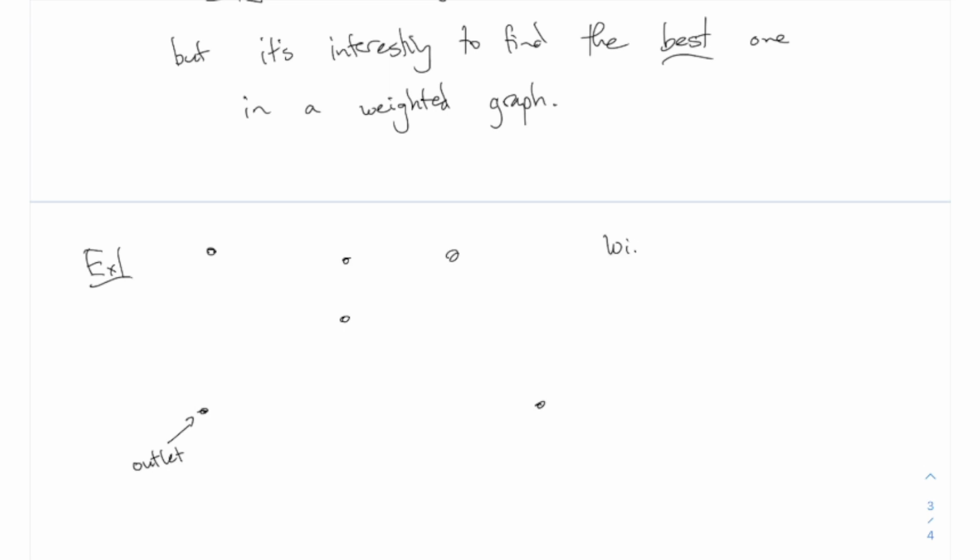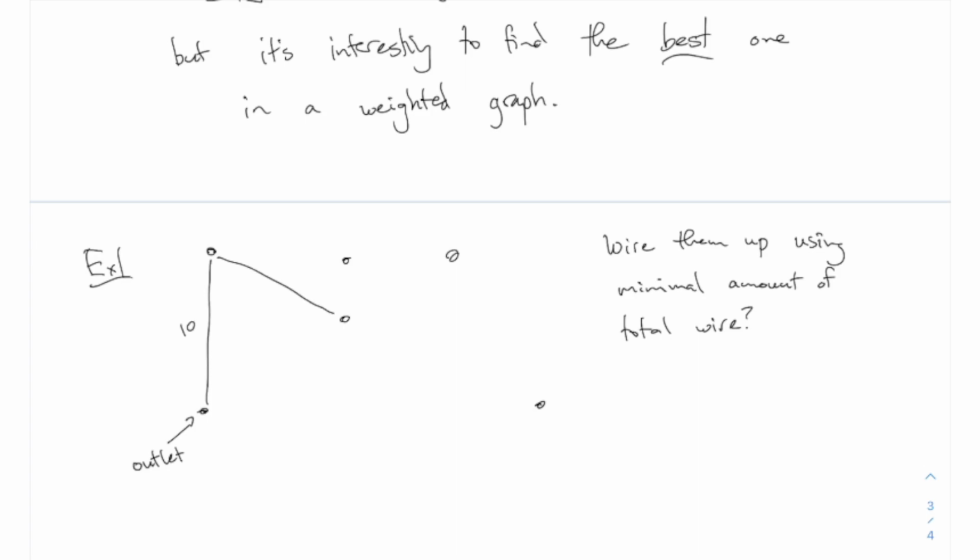So how can we wire them up? My light-up gnomes. Wire them up using the minimal amount of total wire. And to make it specific, I'll tell you the distances between these things.